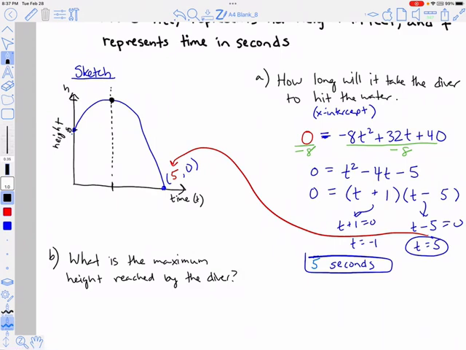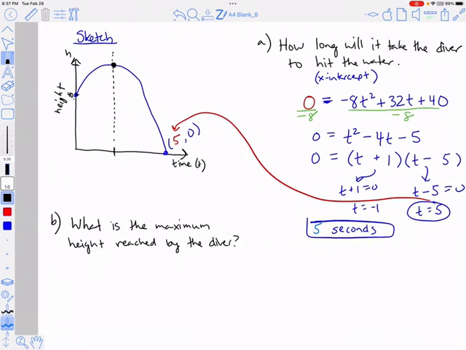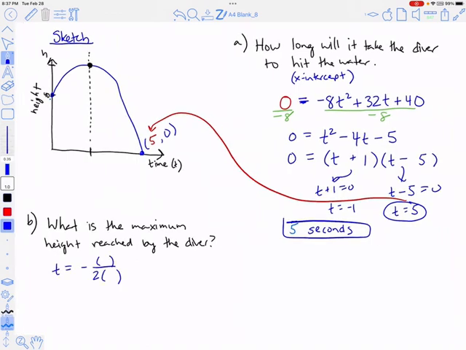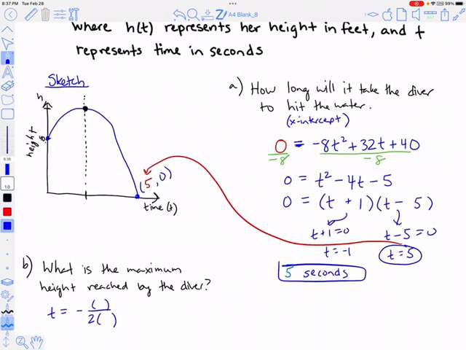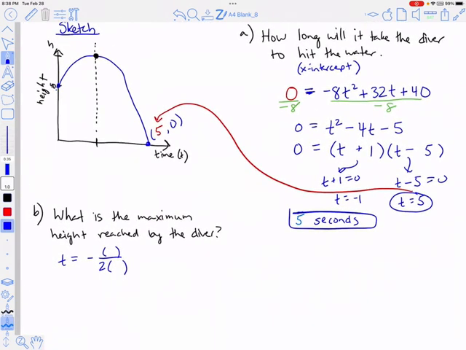So let's go ahead and start by, the only way to find the vertex is to start by finding the axis of symmetry. So I would always start with x equals, and in this case it's really t, because that's what x is representing as time, -b over 2a. So my b, I'm working with this function, remember, my b is 32, and my a is -8.